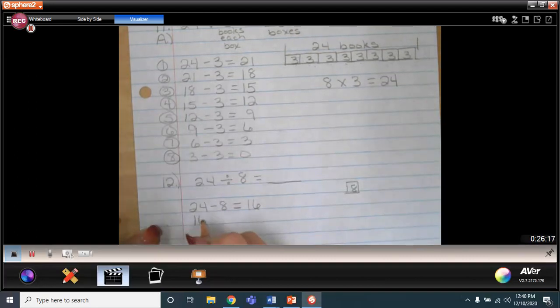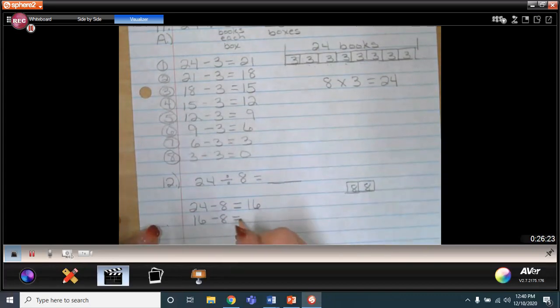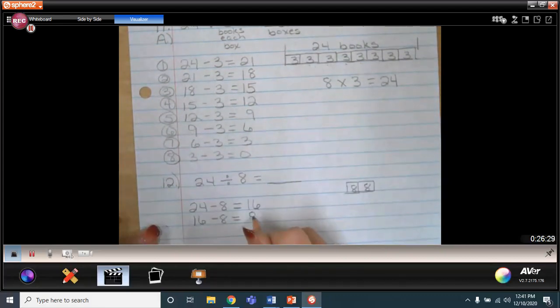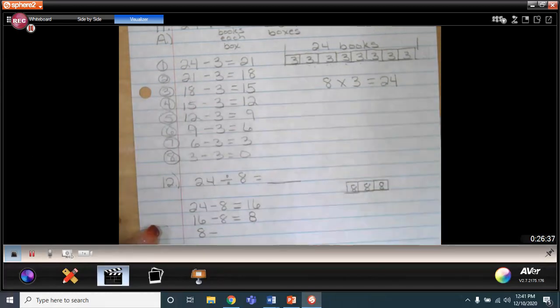Now we're going to take 16, subtract 8. Take away another 8. Now I'm left with 8, because 8 plus 8 is 16. And now I'm going to take these 8, subtract another 8 off the top. Now I don't have any left.